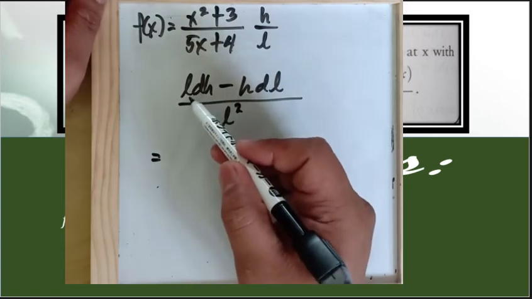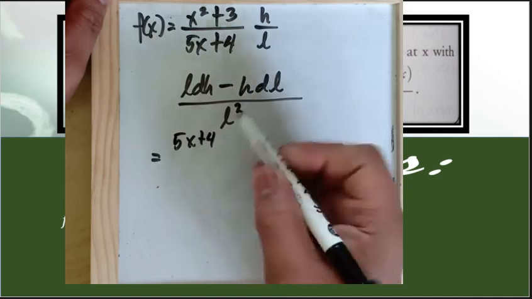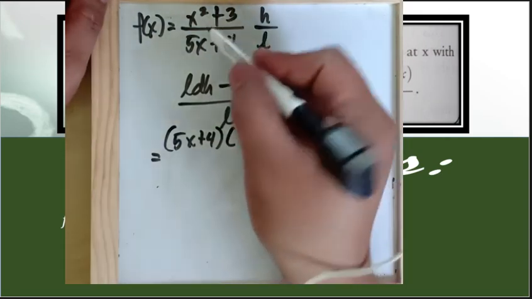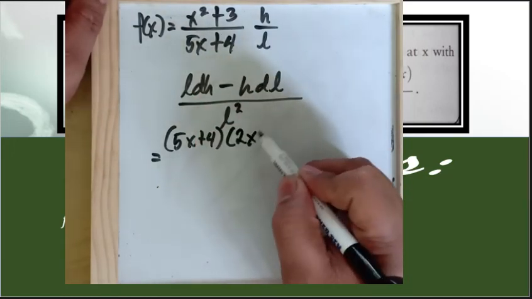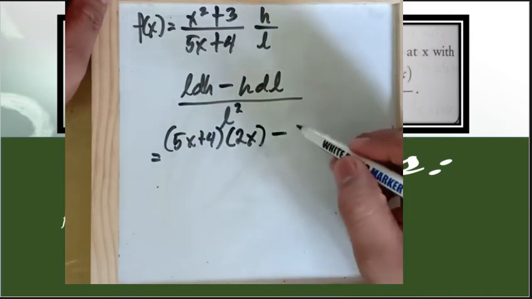Ano ba ang low natin? Kopyahin mo yung low. The low is 5x plus 4. Multiply the derivative of the high. What is the derivative of the high? X squared plus 3. Yes, you're right. It's 2x. Minus, okay, minus natin.